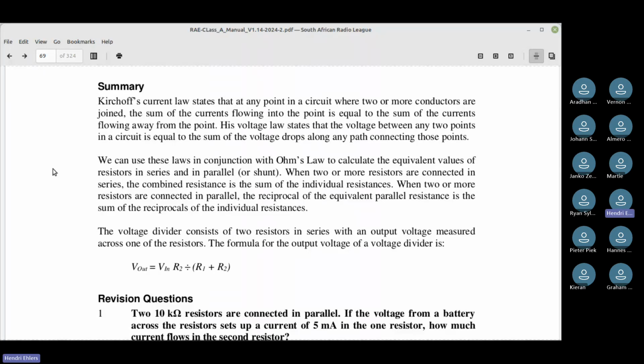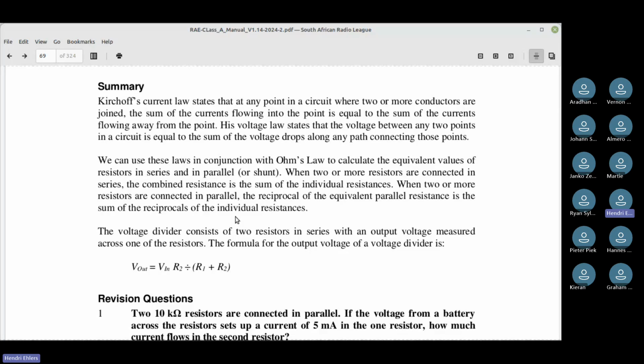I think we're going to get an example of it just now. We don't need to calculate, but I'm going to calculate it to prove a point. When two or more resistors are connected in parallel, the reciprocal of the equivalent parallel resistance is the sum of the reciprocals of the individual resistances.